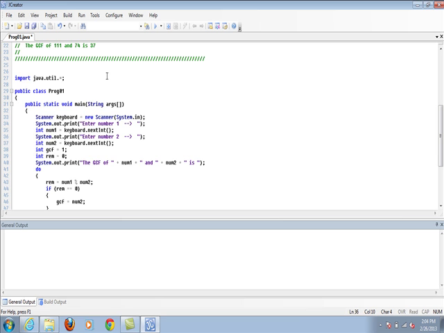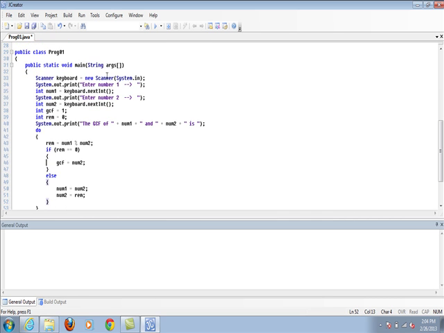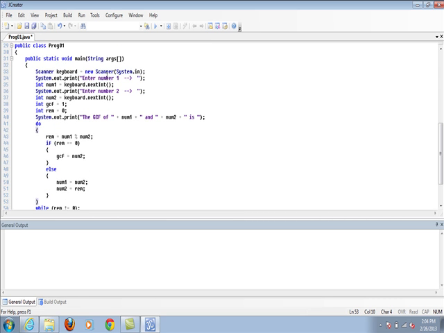My next ones are going to be the numbers that I'm going to temporarily store values in while I run through my do while loop. The greatest common factor and remainder are going to be the two that I use to temporarily store values. The numbers for number 1 and number 2 aren't going to change, but as it runs through the loop, the greatest common factor and remainder are going to.